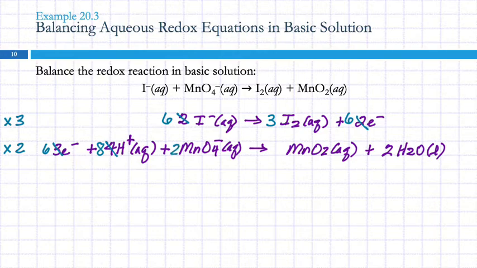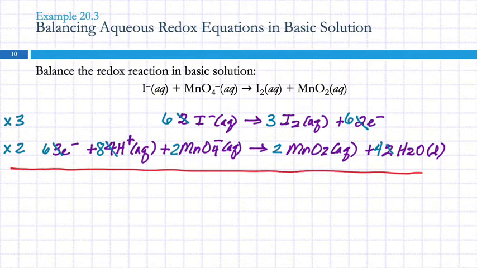And 2, and 2, and 4. They should still be balanced for mass and charge. Now we're going to add them together. Six electrons and 6 electrons go away.